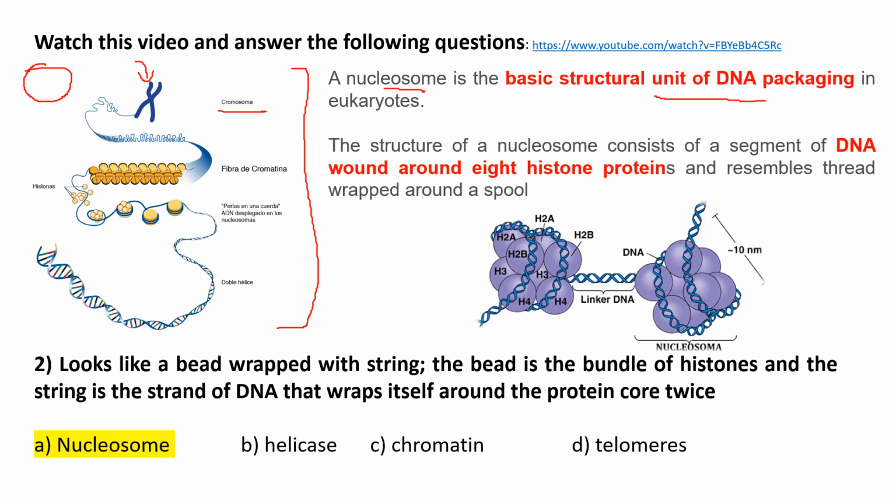As the DNA in eukaryotes is so long, you have to organize it in a particular way. If you see here, instead of tangled, the DNA is perfectly wrapped. It is wrapped in nucleosomes that consist of DNA wound around 8 histones, which are proteins.